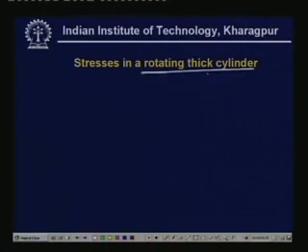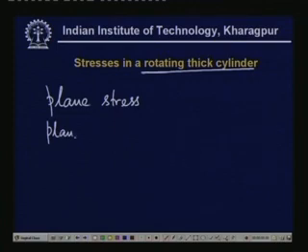In this case, when we want to find the stress, we have to differentiate between the plane stress problem and the plane strain problem.